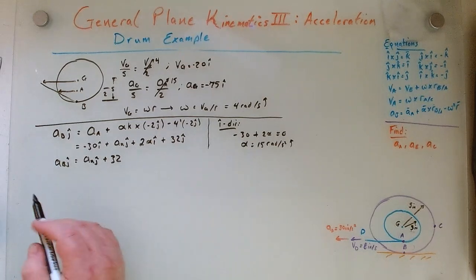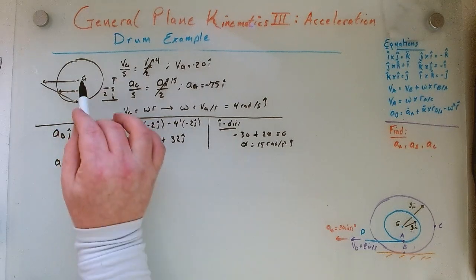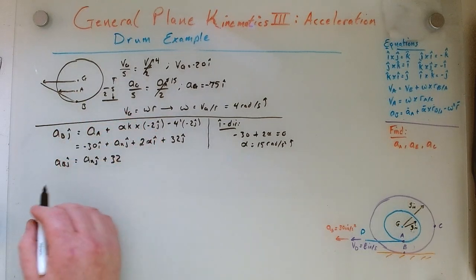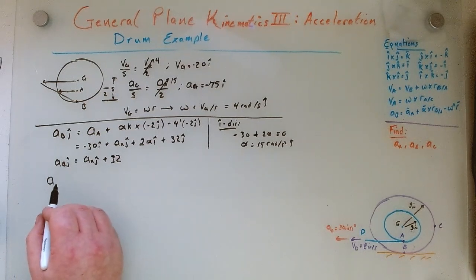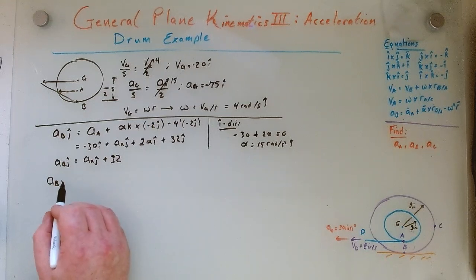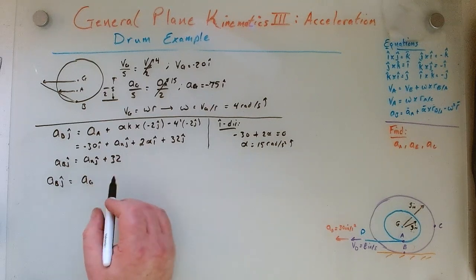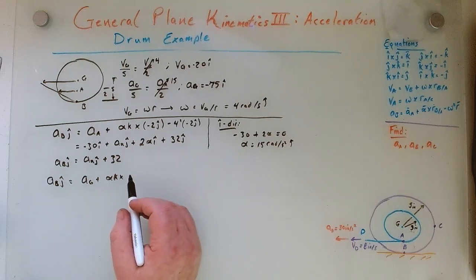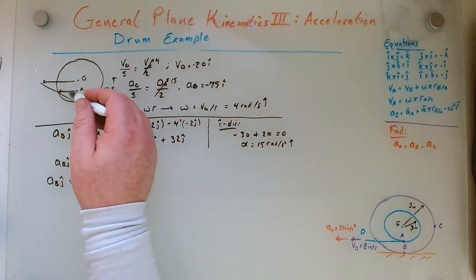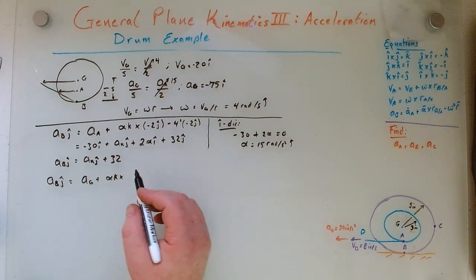So the other thing that we can do is solve for the acceleration of B using the g parameter, right? So what does that give us? Let's try that. So a sub b, still in the j direction, is going to be equal to a sub g, same thing, plus alpha k crossed, and now instead of being negative 2, it's going to be times a negative 5, right?